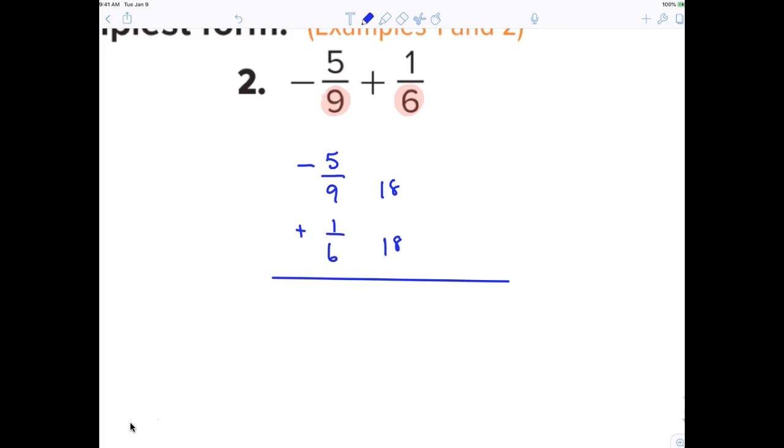So what do I multiply 9 by? 2. So I multiplied this by 2, which means I multiply the top by 2, which makes it what? 10. Now I would prefer that you write negative 10. Then I'm going to multiply the second fraction by what? By 3, which makes it what? 3 over 18.